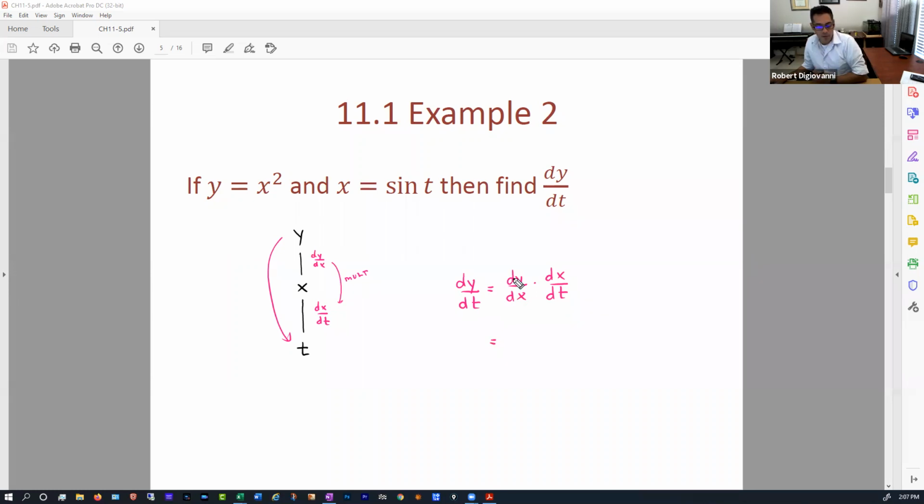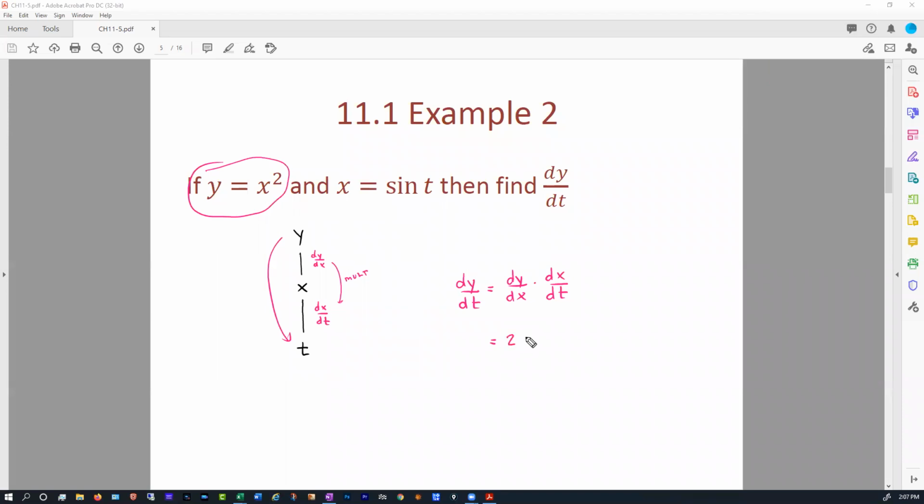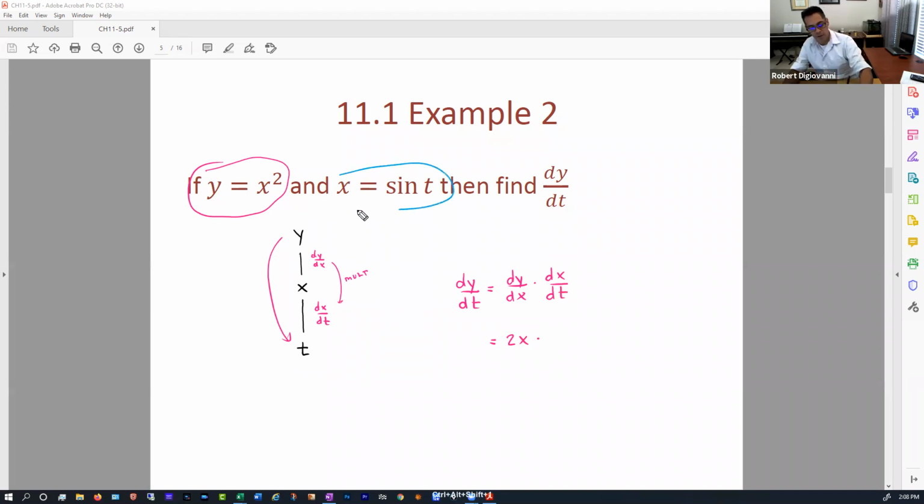Now we just do them. What's dy/dx? If you just look at this equation, and this is your whole universe right here, you're not looking anywhere else. For dy/dx, you take the derivative with respect to x on both sides, and you should just get what? 2x. Okay, times, now I need dx/dt, so now my whole universe is this equation.